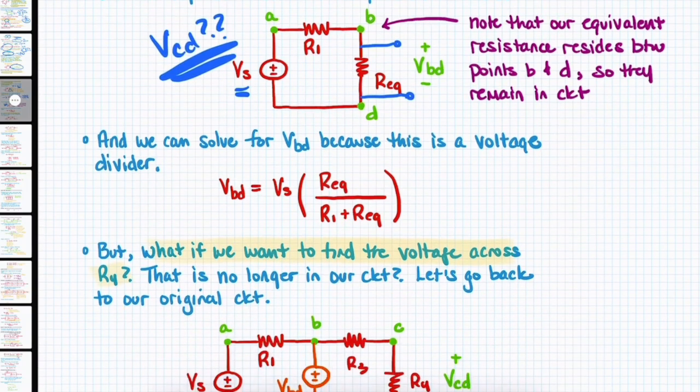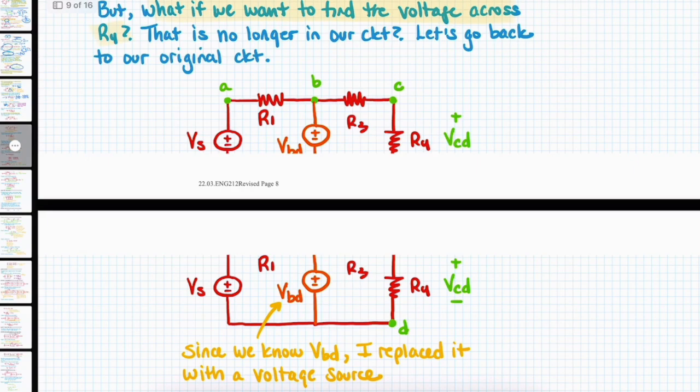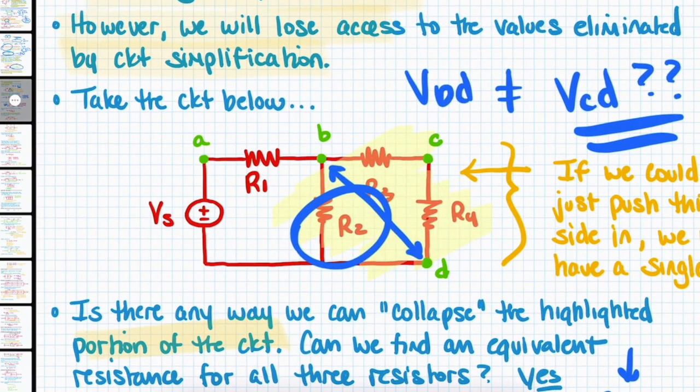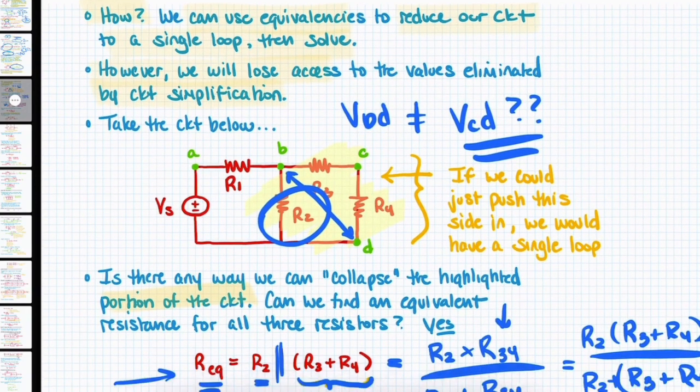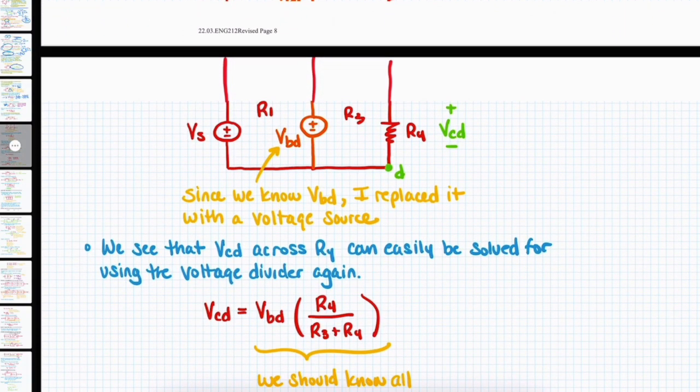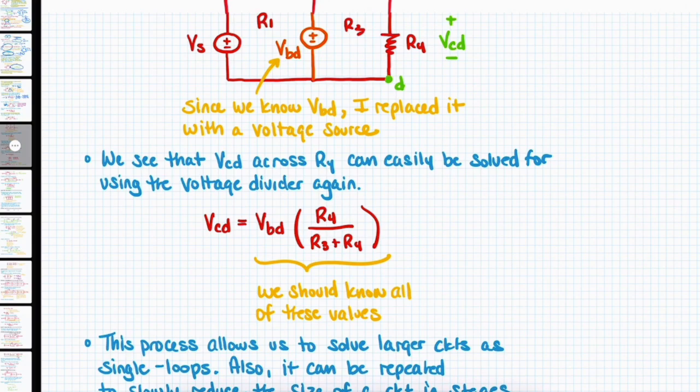So let's go back to our expanded version of the circuit, which I apologize got split between two pages here. But hopefully you can see it's very similar in form to what we have up above. I know what VBD is, and so I can calculate VCD in a similar way. We see that VCD across R4 can be easily solved for using the voltage divider again.